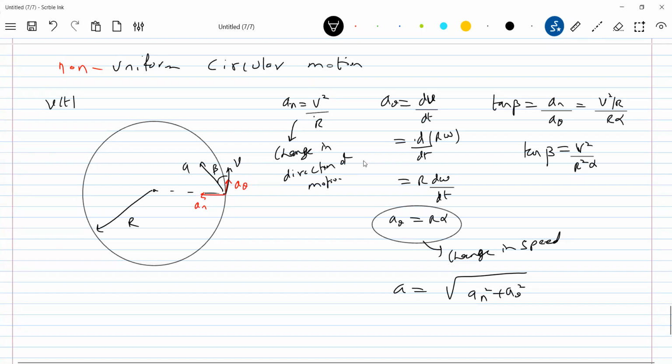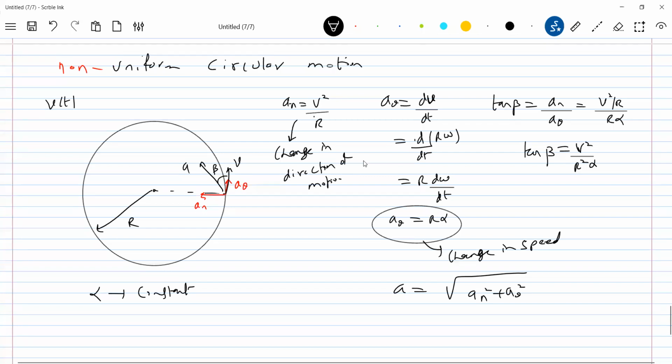So we are going to come across numericals of what kind? Uniform and non-uniform circular motion. Again, in non-uniform circular motion you can put it in two parts: alpha constant, alpha variable. If alpha is constant, that means constant angular acceleration.